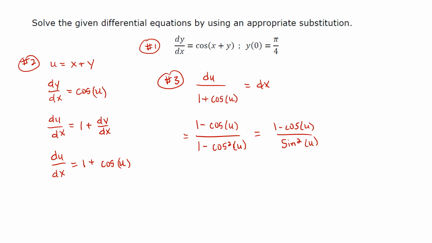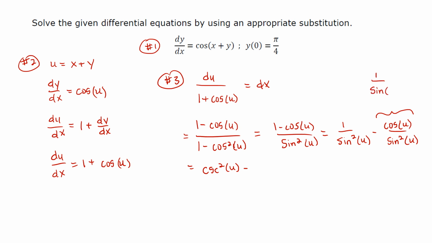If we were to simplify this, we would have 1 over sine squared u minus cosine u over sine squared u, which equals cosecant squared u minus, and this ratio can be split up again to 1 over sine u times cosine u over sine u.